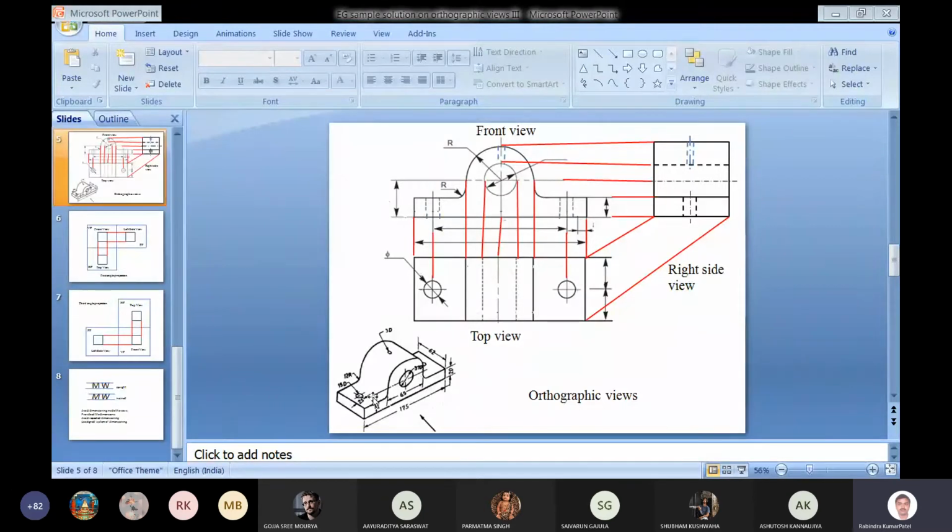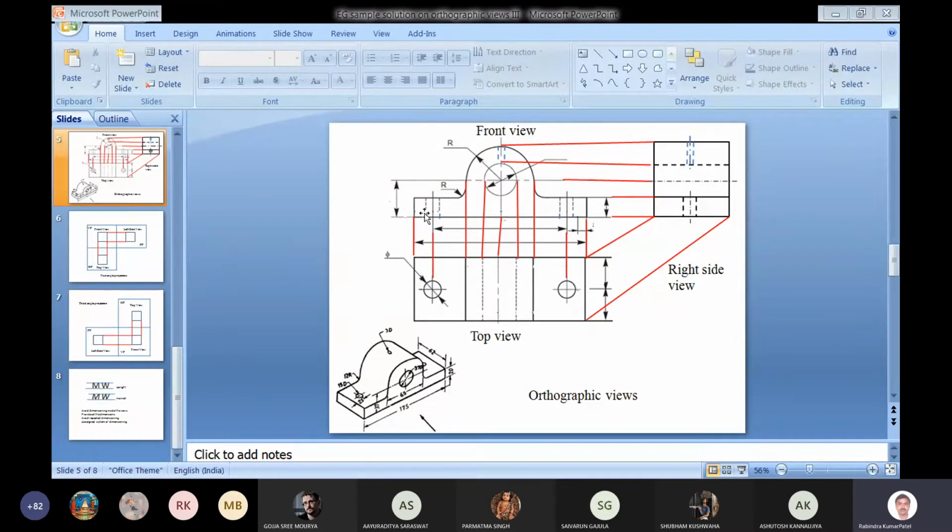One corresponds to this hole. So two dashed lines are drawn which represent the extreme boundary of the cylindrical hole. So that hole we can draw by using two dashed lines.